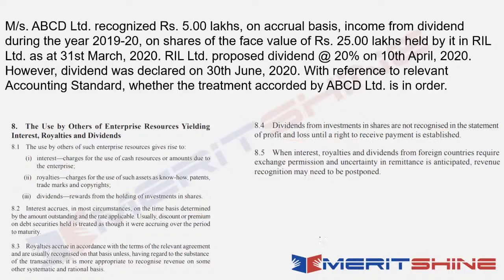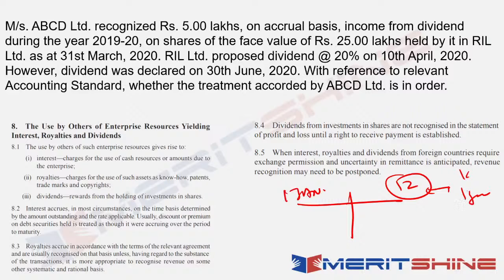In interest, if I signed on 1st of January at 12% for 1 year on 100 rupees, I was supposed to get 12 rupees in 12 months. But from 1st January till 31st March, I will be eligible to get only 3 months, so 3 rupees will come this year and the next 9 will come next year.